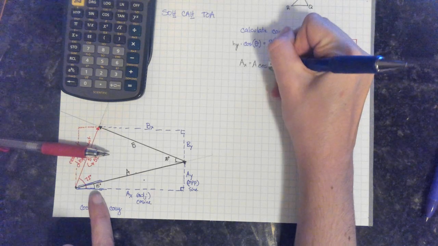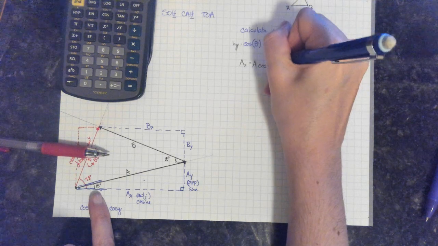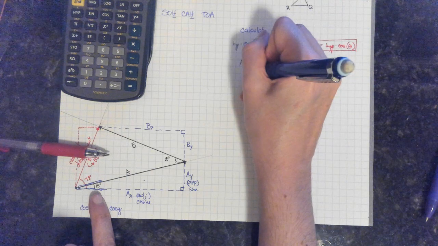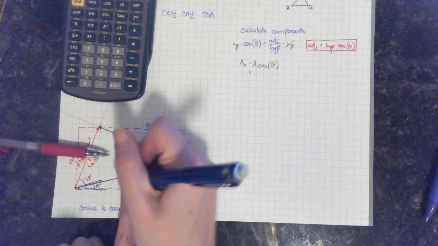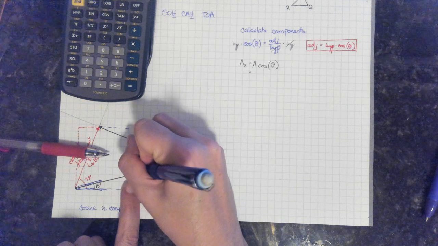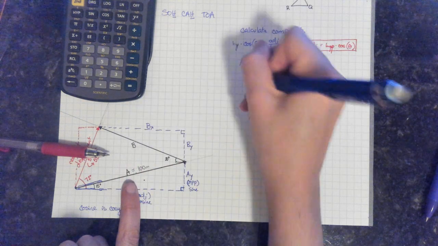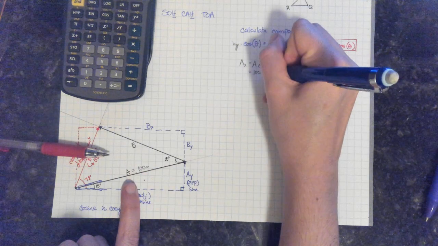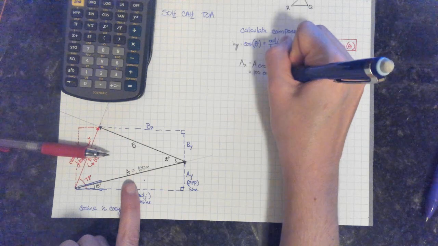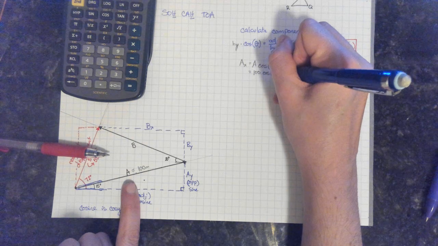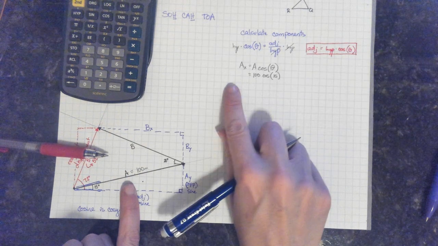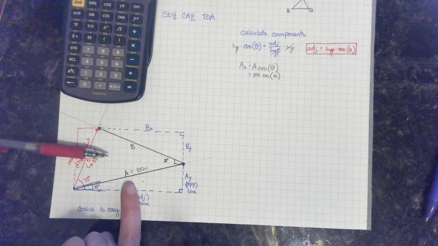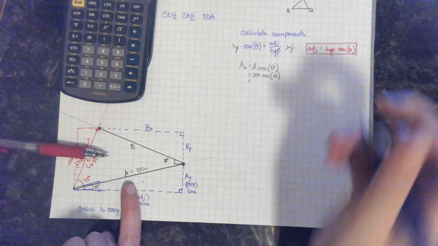Well, I'm going to put just angle here. We know the length of A, that was the magnitude, 100 meters. So AX is 100 times cosine of 15. Now we have it in a form where we can just plug it into the calculator.